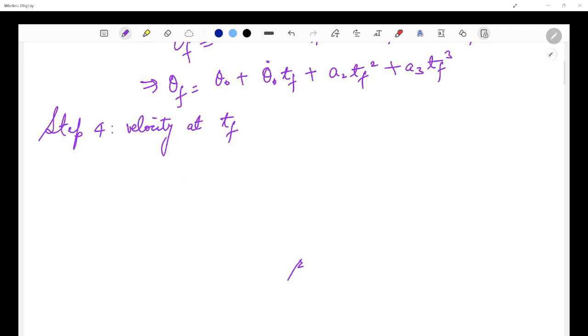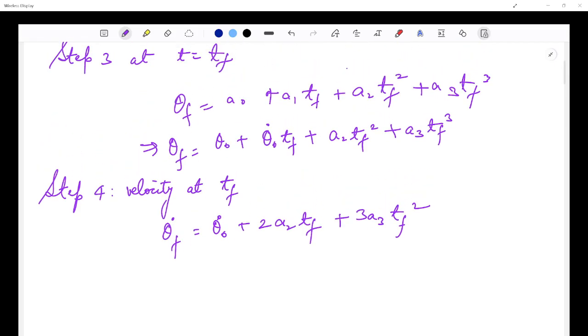So theta f dot is equal to theta naught dot plus 2 a2 tf, right, when we differentiate, plus 3a3 tf square. This is what we'll have. From here we have to solve for a2 and a3.